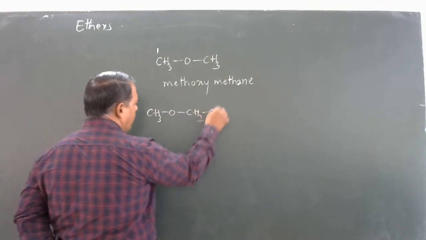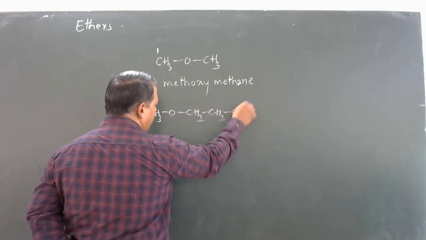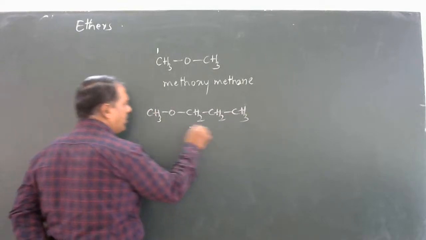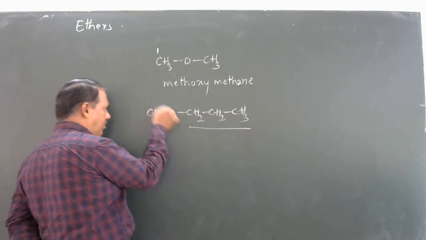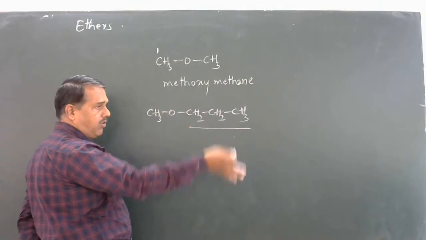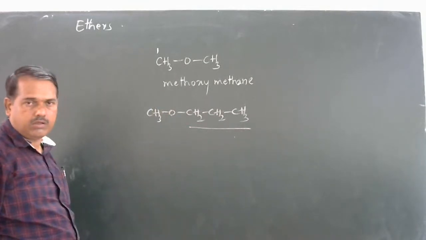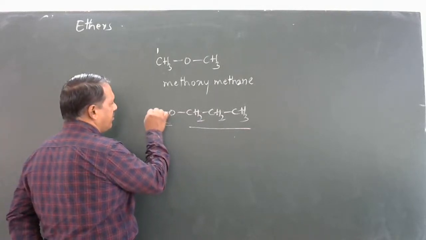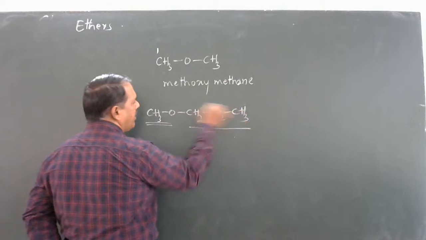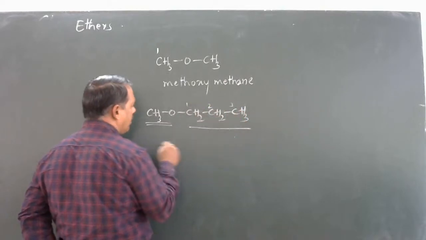In the nomenclature of ethers, take CH3O, CH2, CH2, CH3. The longer chain is considered as the hydrocarbon, and the shorter chain is named as an alkoxy. Are you clear? So what is the name of this compound? It is nothing but methoxypropane, with carbons 1, 2, 3.